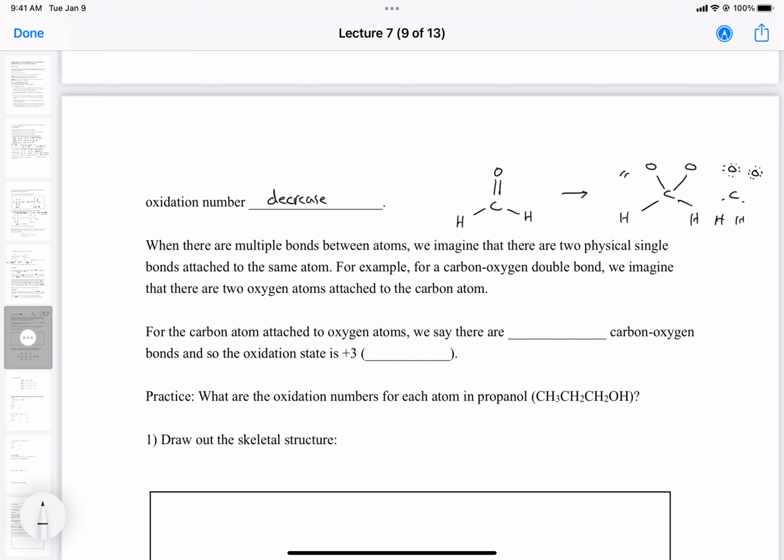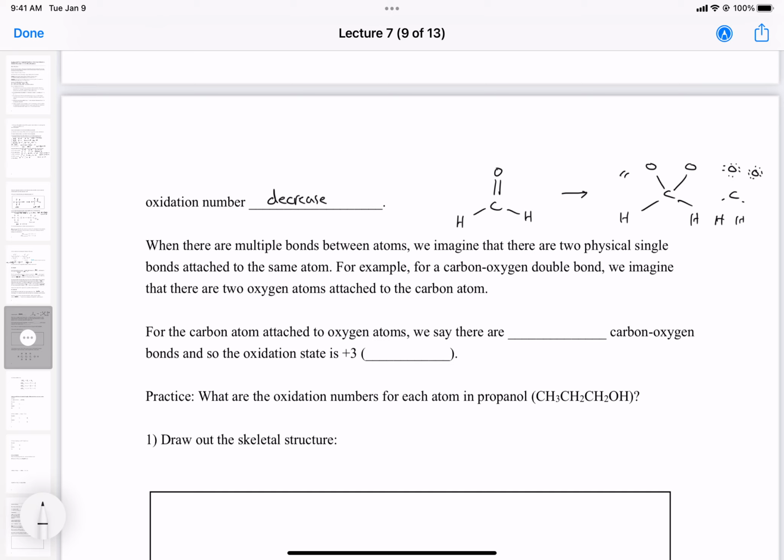When we take those electrons away, carbon will have a deficiency of 2, so it'll have a charge of +2 from the oxygen atoms, but then the -2 from the hydrogen atoms will make this one neutral. So we assume that there are 2 physical single bonds attached to the same atom.